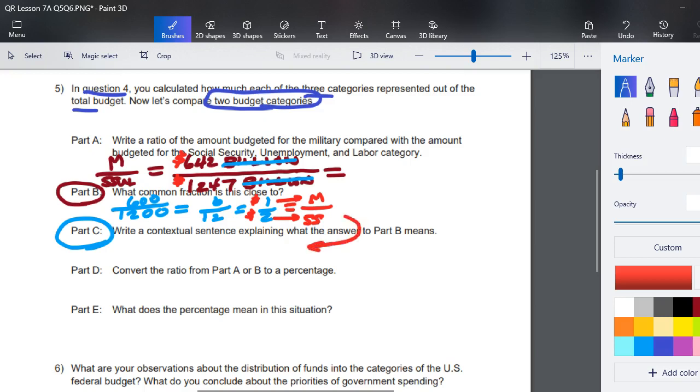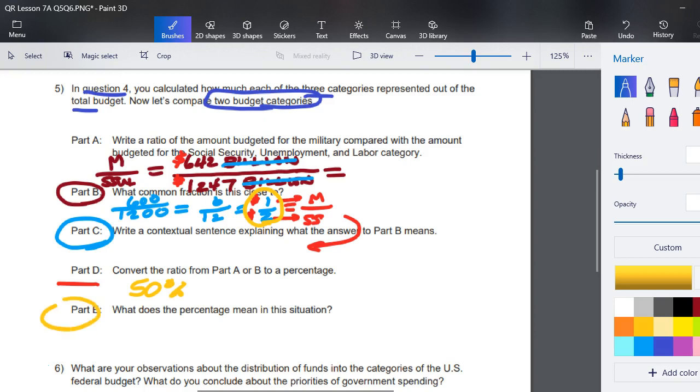Write it that way, or write something that you would like to explain differently or better. I'm moving on to part D. Looking at part D, convert the ratio from part A or B to a percentage. And I'll go ahead and go with this nice little one right here. And when we convert that to a percentage, we get 50%.